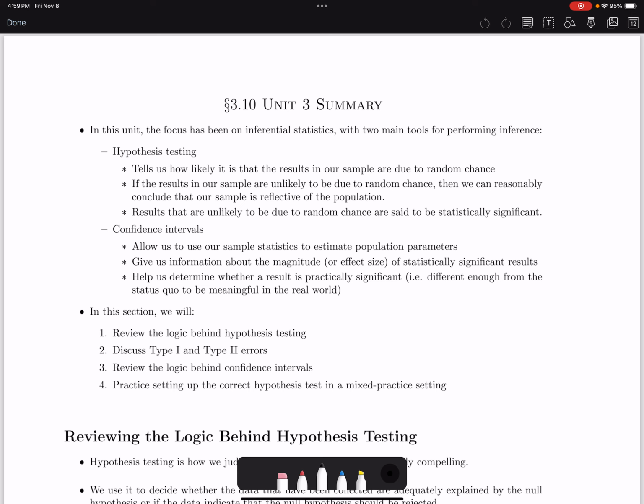It may seem like we've covered a lot more ground than we did in the first two units, because we have roughly the same number of sections in this unit as we did in the first two units, but the sections were a lot longer.